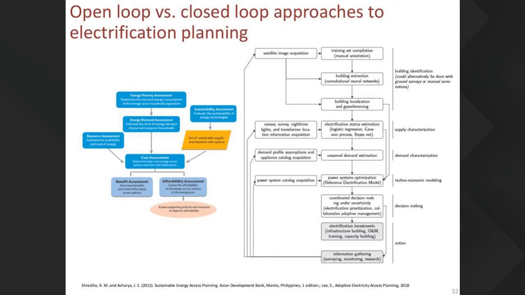On the right, this is showing a closed loop plan, meaning that we have some sort of prescription that comes out of our model at the end of the day. And there's actually two types of investment decisions that can be made. The first is actual electrification investments, investing in infrastructure, for instance. And the second is information gathering investments that need to be made to try to improve these models.